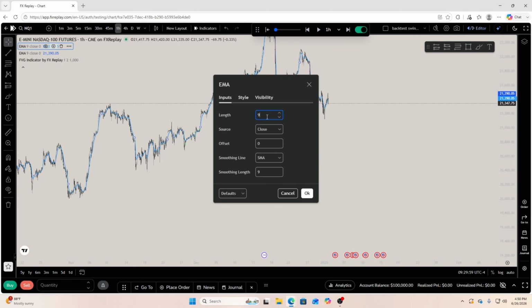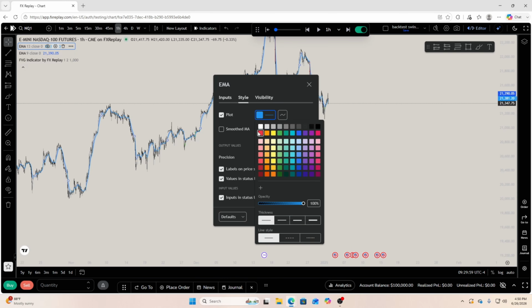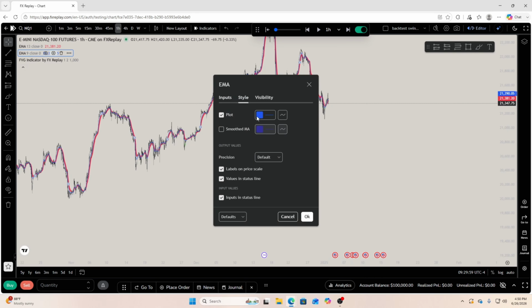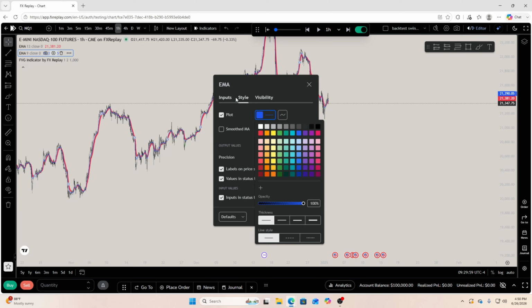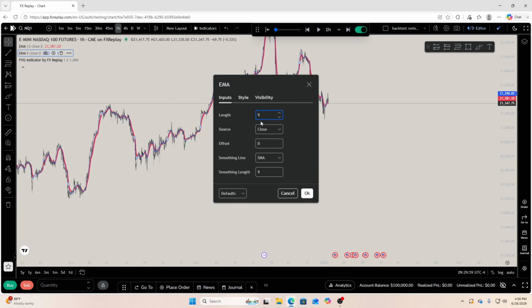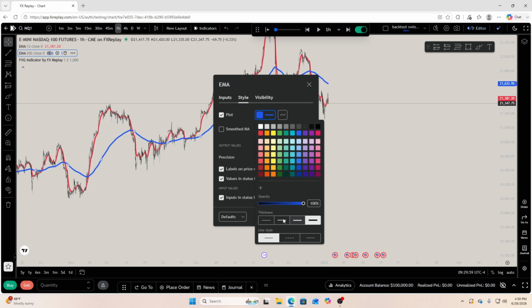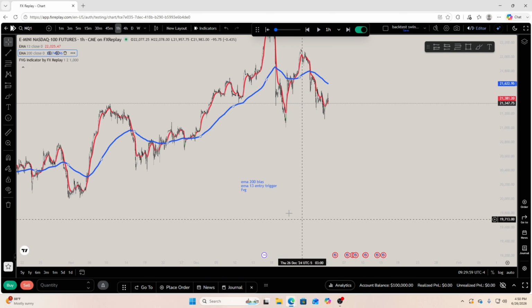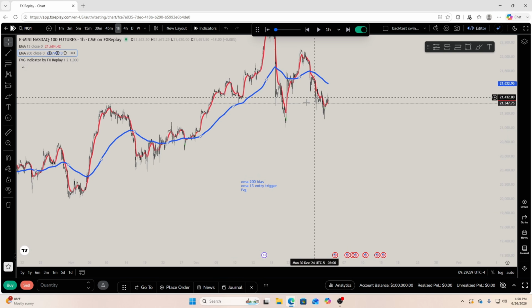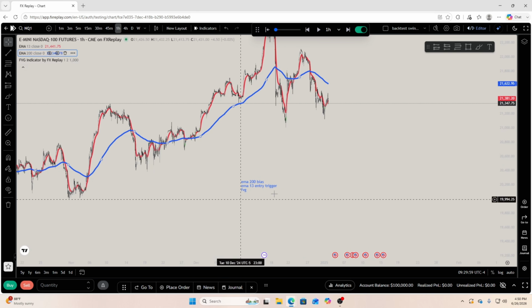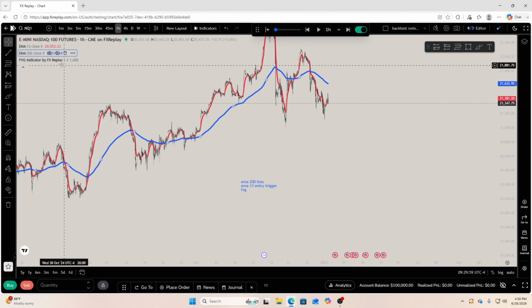So 13, I just like making mine different colors. Then here we're gonna keep that blue, 200. There we go. EMA 200 directional bias. EMA 13 entry trigger. Fair value gap is also an entry trigger.